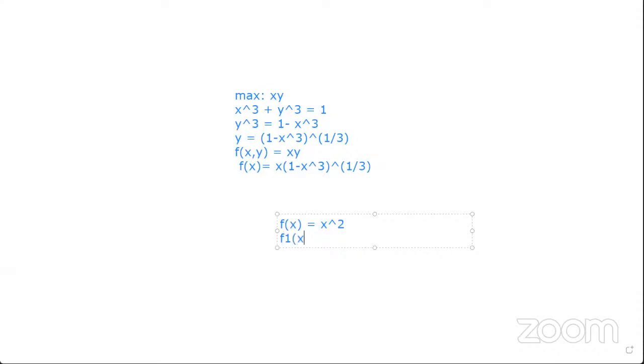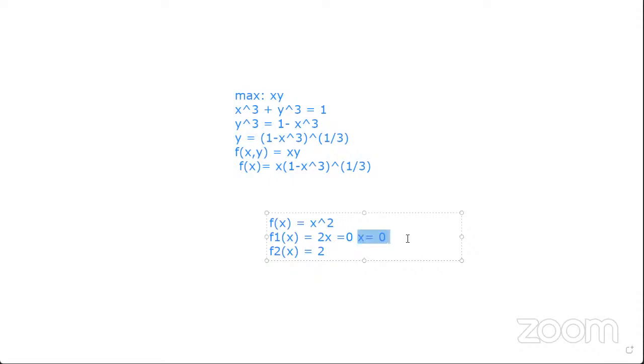I'll mention it as f1 of x. f1 of x is 2x. You equate it to 0, which gives you x as 0. And then you do f double dash of x. F double dash of x for 2x is going to be 2, right? Yes. So f double dash of x is positive, 2 is greater than 0.